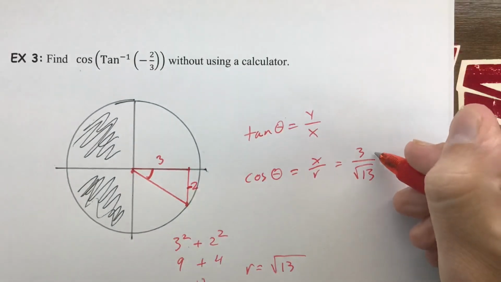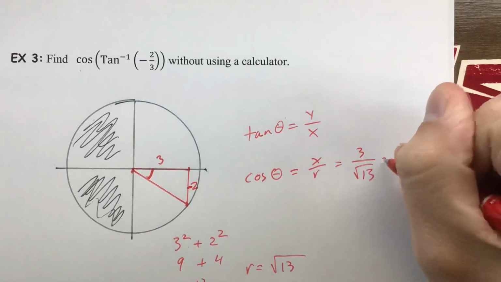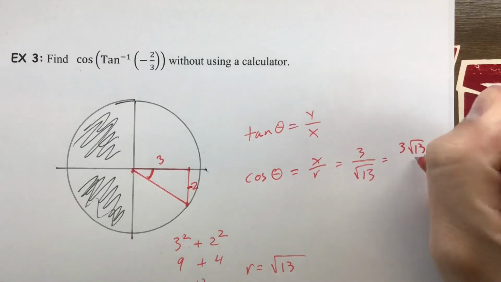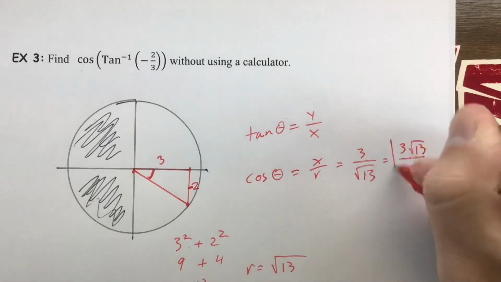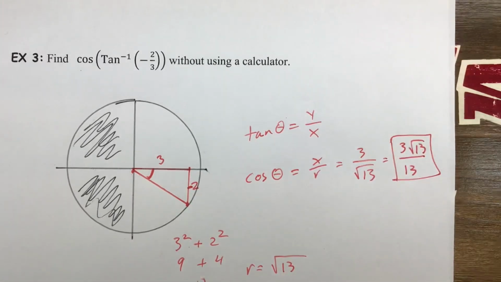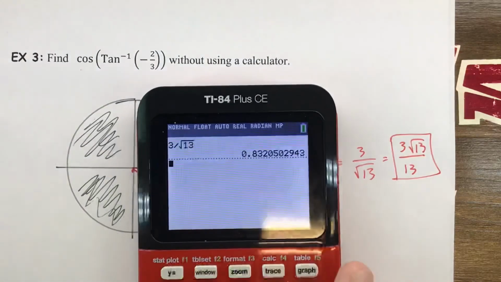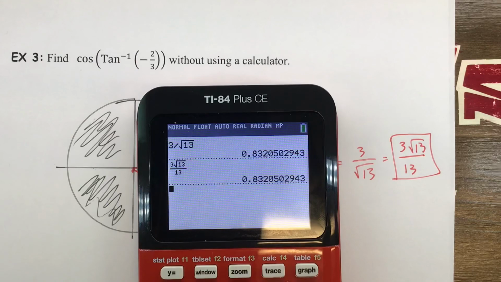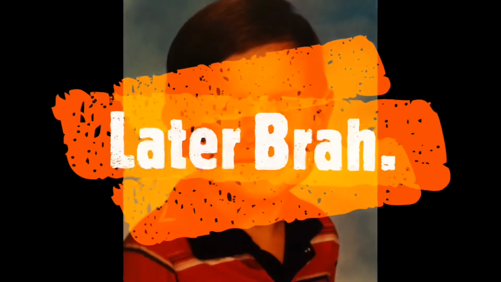We're going to multiply the top and bottom by square root 13, which means we get 3 square root 13 over 13. That would be the cleaned up answer, which I'll go ahead and type in so you can see that as well. 3 square root 13 divided by 13 is the same answer. Wait, what?